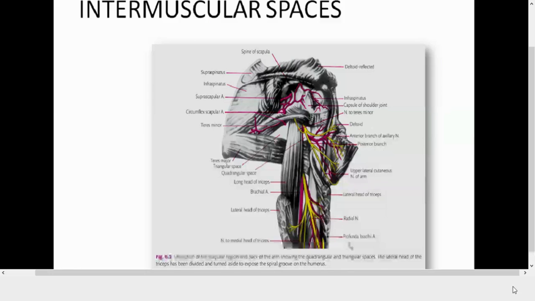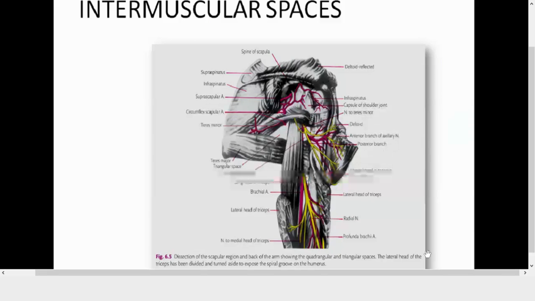So this is a vessel which is running deeply in the arm, hence the name profunda brachii artery. The vein is not shown, but it will also accompany. So the radial nerve and the profunda brachii vessels pass through the lower triangular space.